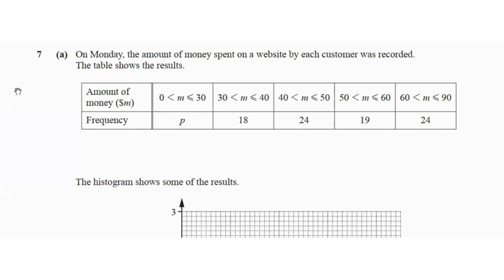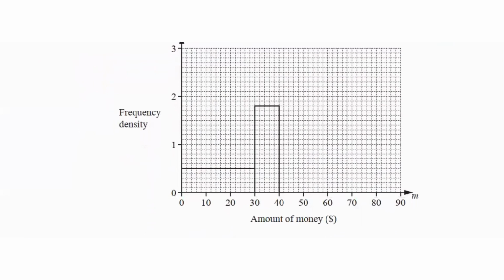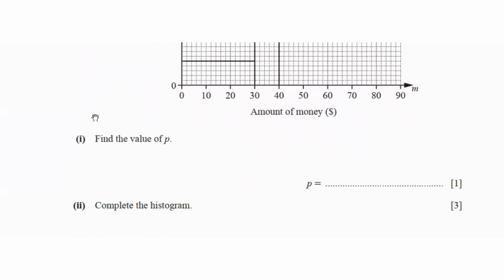Question 7 says, on Monday, the amount of money spent on a website by each customer was recorded. The table shows the results. So we have class intervals for amount of money, and then we have the frequency values. As you can see, we have an unknown frequency value, which is P for the 0 to 30 interval. The histogram shows some of the results. So we have the frequency density on the y-axis and amount of money on the x-axis.